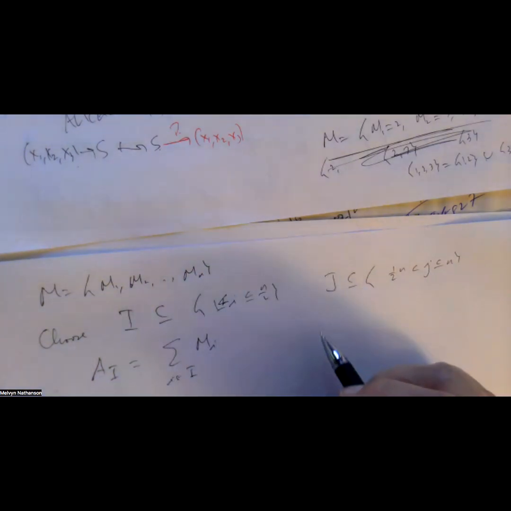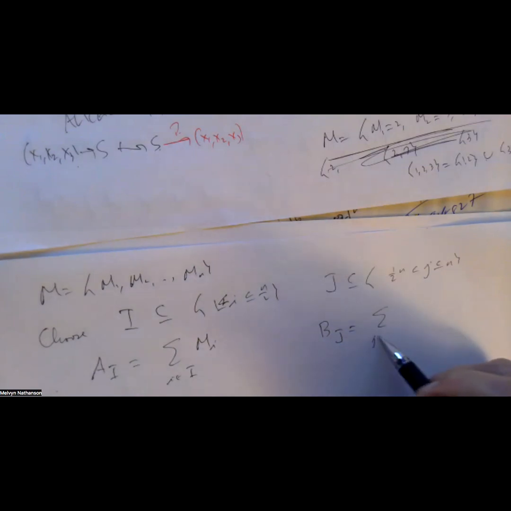A sub I is the subset sum corresponding to this, the summation of m sub i, i in capital I. So this is a subset sum chosen from the first half of the numbers in your set. And B sub j is the summation of m sub j, j in J.